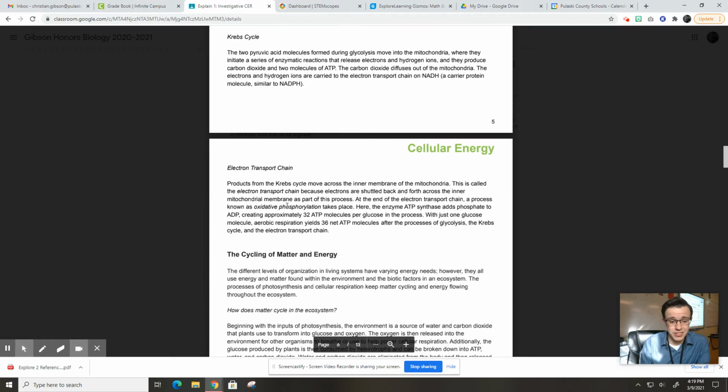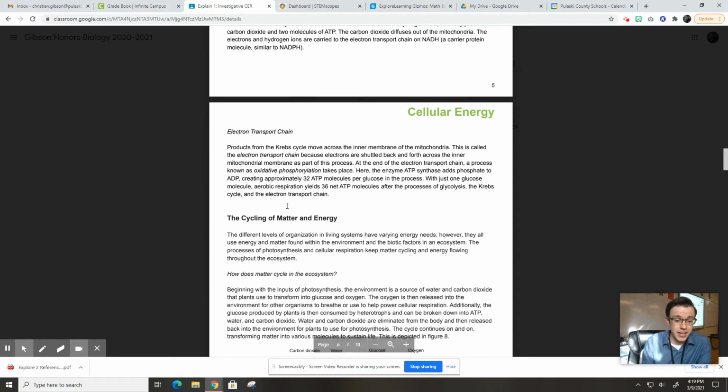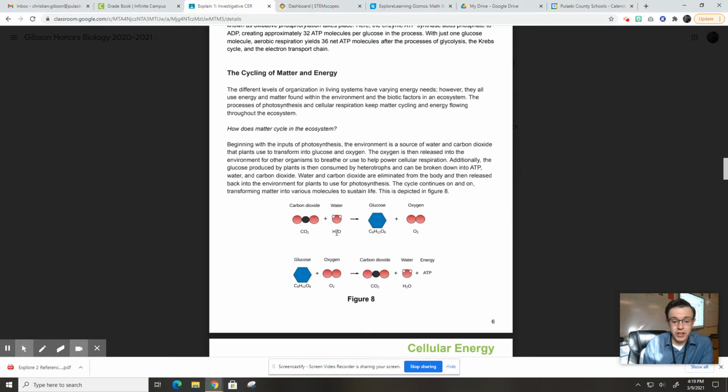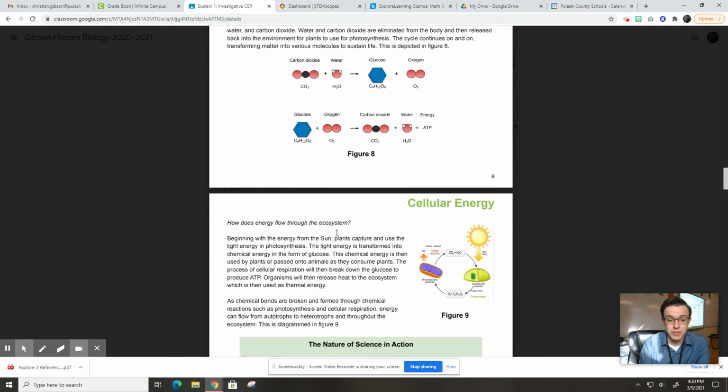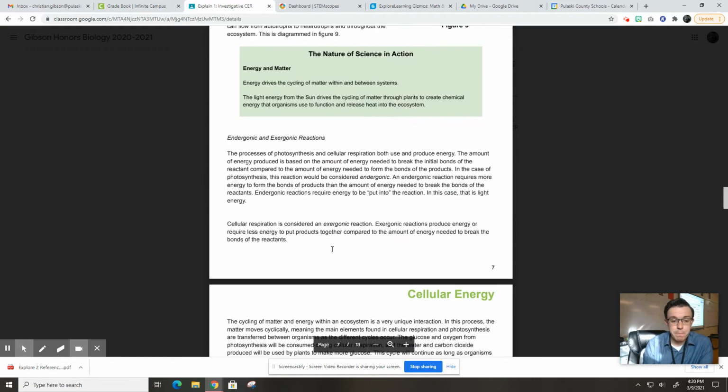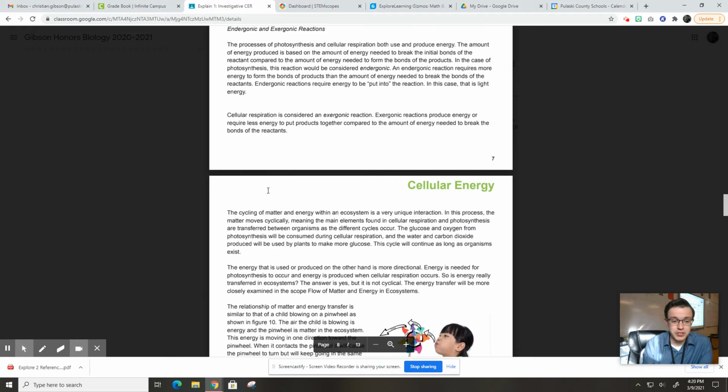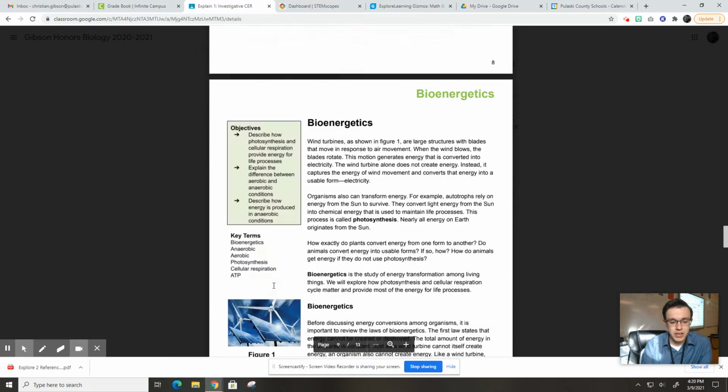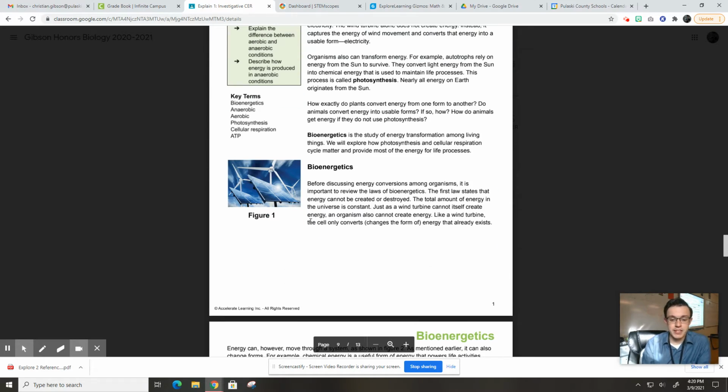And we got glycolysis, Krebs cycle, electron transport chain, the cycling of matter and energy, talking about how photosynthesis and cellular respiration are a cycle because the inputs of one are the outputs of another. Endergonic and exergonic reactions, basically whether or not energy goes into a reaction or energy is coming out of a reaction. And then we get into bioenergetics.